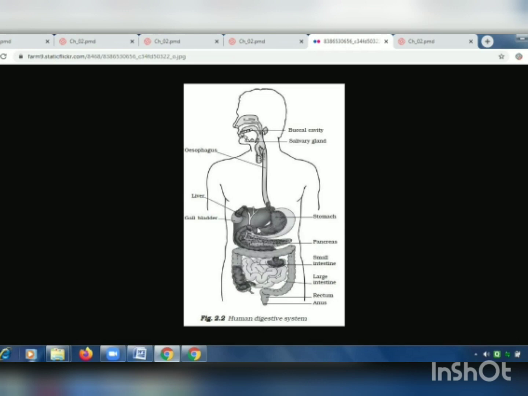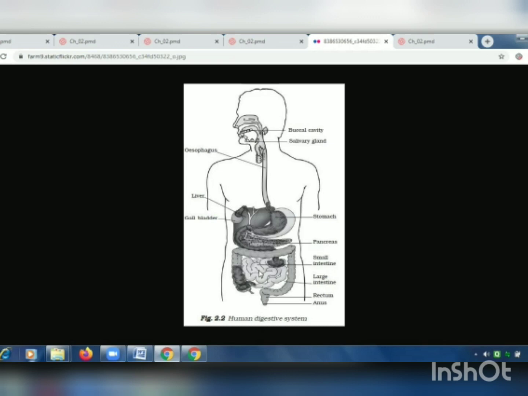The digested food is then sent through the opening of the stomach that is connected to the small intestine. When it reaches the small intestine, what happens? The pancreatic juice secreted by the pancreas, and also the intestinal juice, mix with the food and convert it into simpler forms.